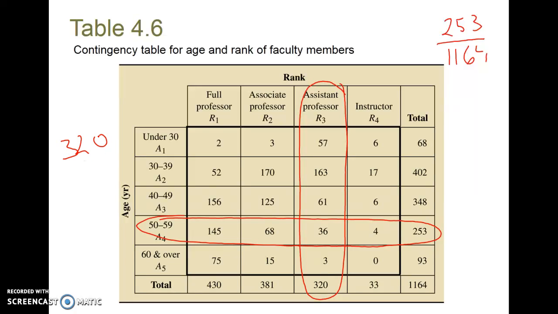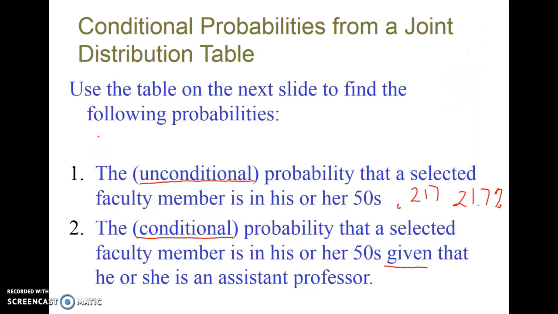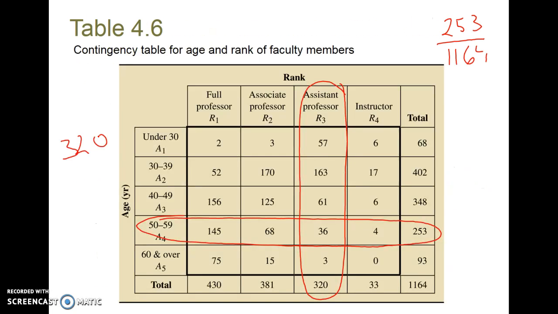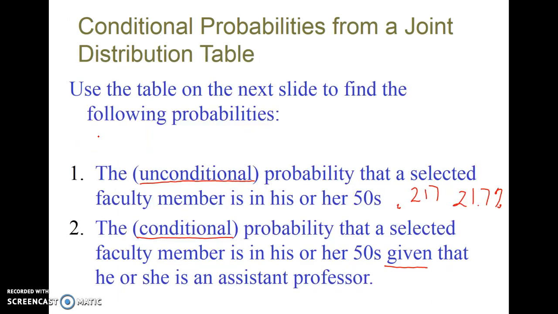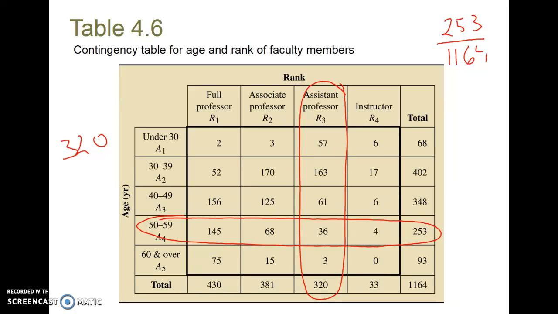So we know that it's one of those 320 people. We want to know, of those 320 people, how many are in their 50s? Well, the 50s would be this one right here. 36 out of those 320 people are professors in their 50s.